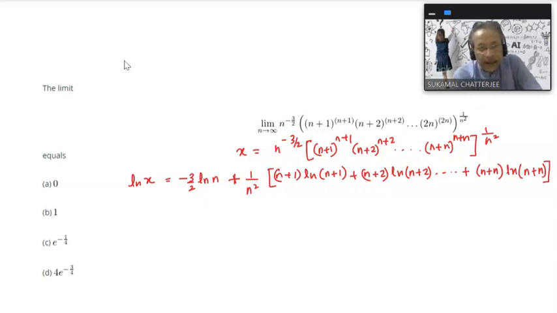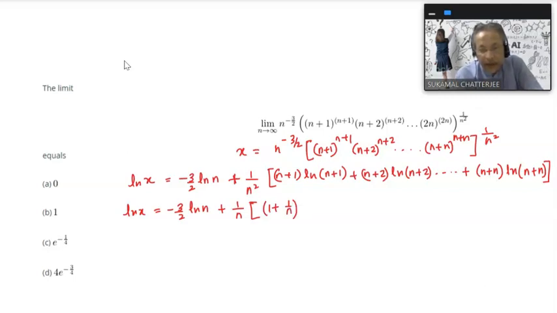This can be written like this: ln x equals minus 3 by 2 ln n plus 1 by n outside, times, taking 1 by n inside, 1 plus 1 by n.